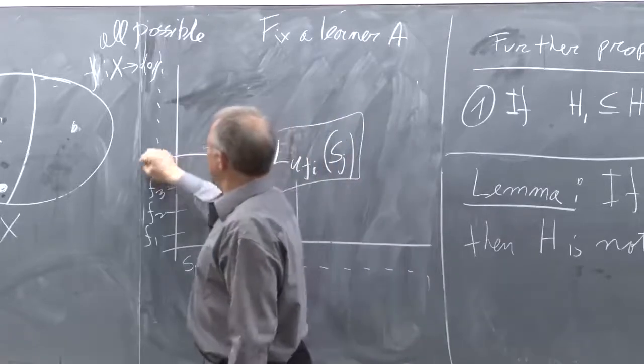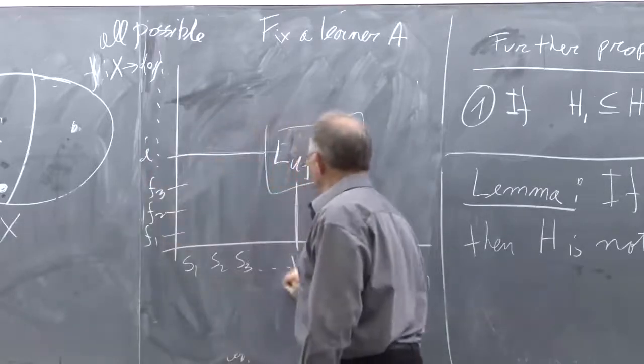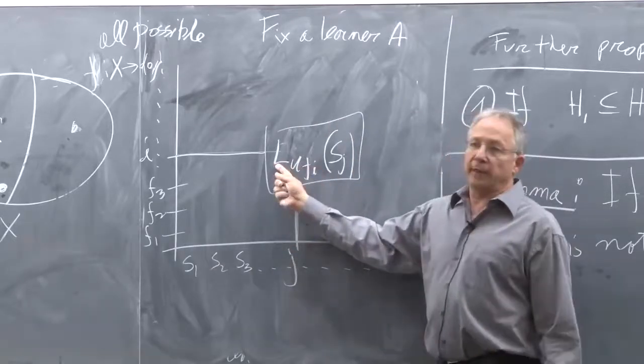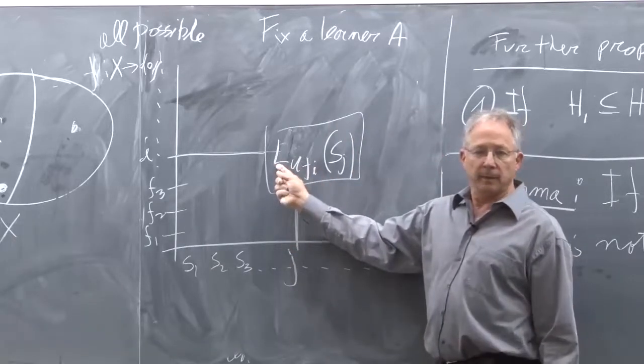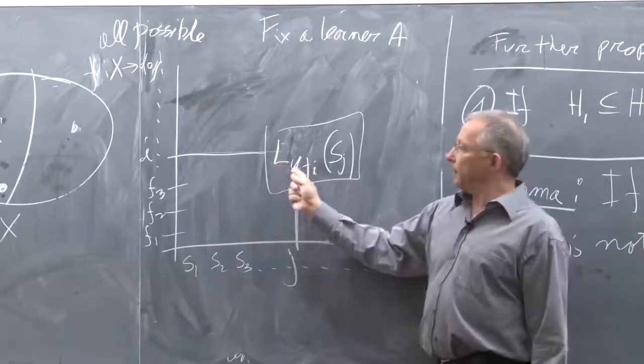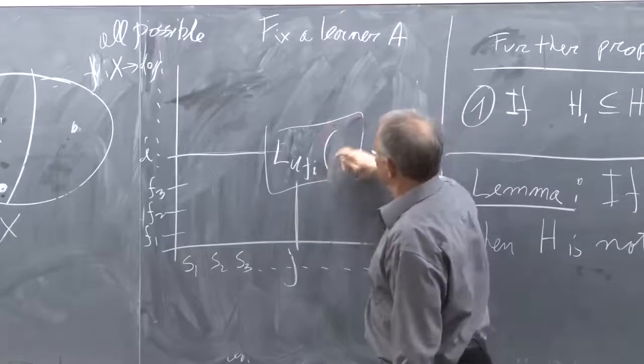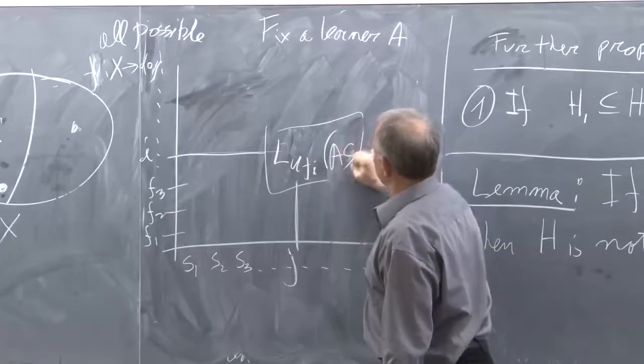So this is i here, and this is j here. Again, the loss, or the error, of my algorithm is that of A of S_j.